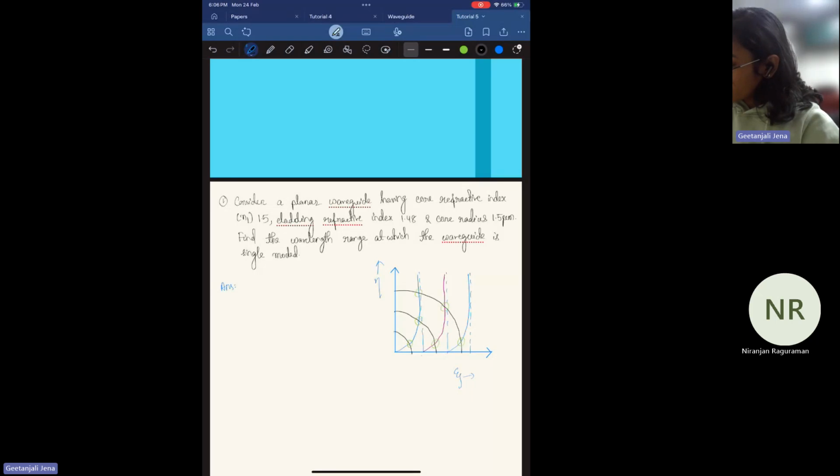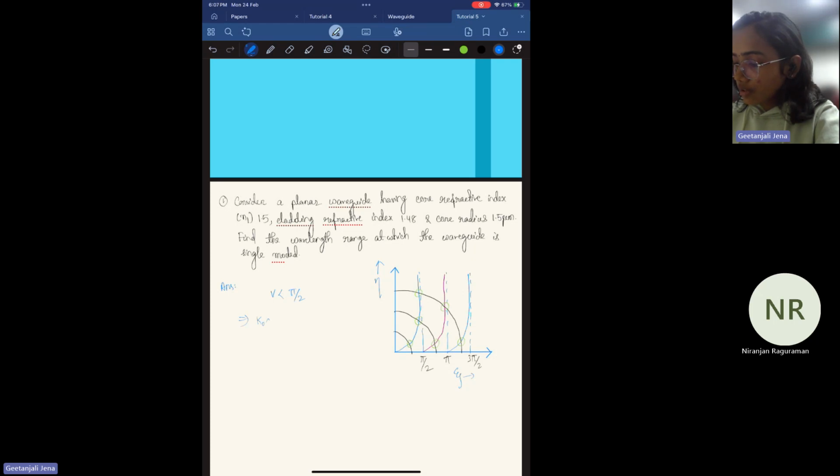If you recall, these are the points pi by 2, pi, 3 pi by 2. And at this point, the solution is diverging, right? For single mode operation, we need the V parameter to be less than pi by 2. The definition of the V parameter is the same for all types of structure, whether the structure is a waveguide or a fiber.